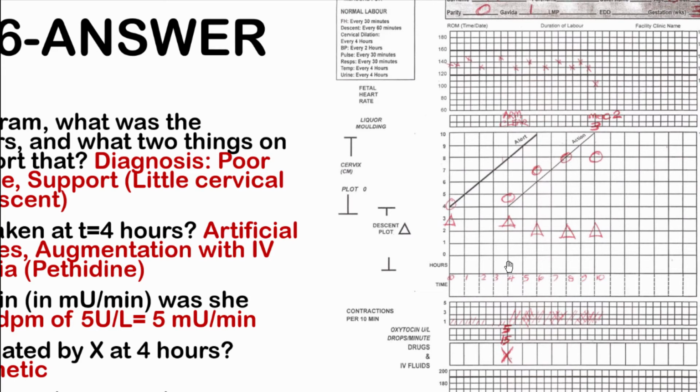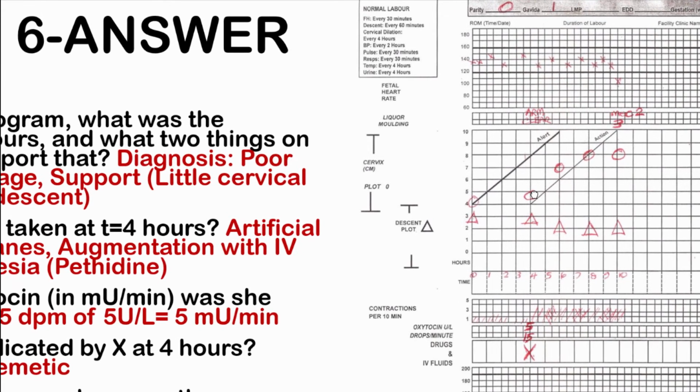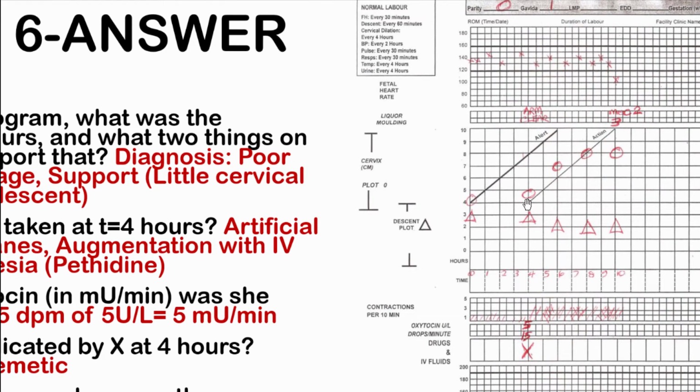So 4 hours later, we look at the dilatation. It has only moved from 4 to 5. So it's moving towards the action line, but it hasn't yet crossed the action line. It's on the left of the action line. Once it crosses the action line, that means you should do something. So at T equals 4, there's already poor cervical dilatation.